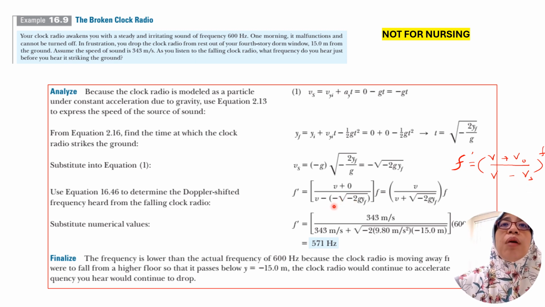Because it is moving away. Moving away, that's all it takes. So give it a try. For the free fall, first get the V final before it hits the ground from the 15-meter height, and then from there substitute into the Doppler expression. That's all, guys. Thank you.